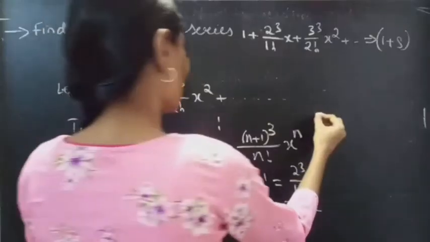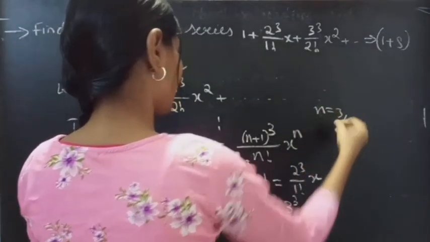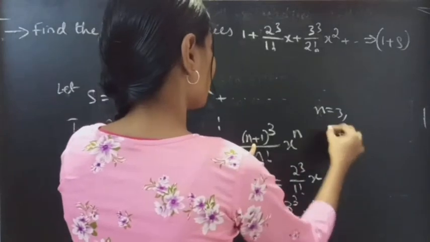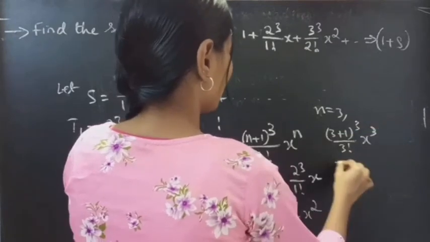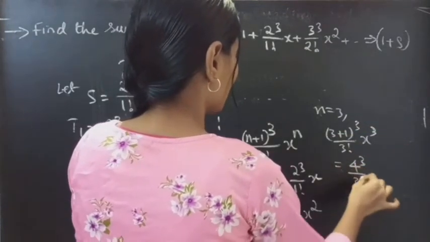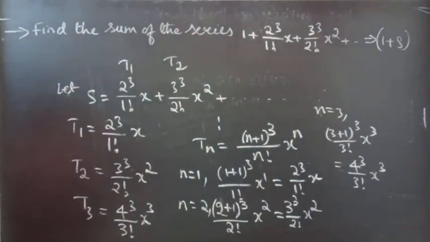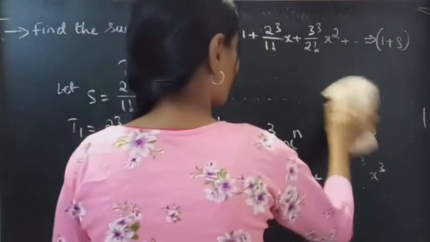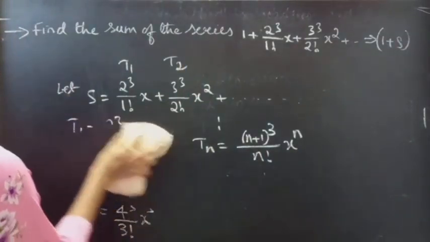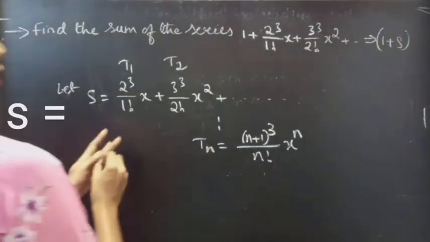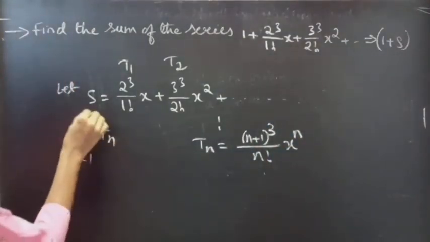Next, if you put n equals to 3, you need to get third term. For n equals to 3, 3 plus 1 whole cube by 3 factorial into x cube equals 4 cube by 3 factorial into x cube. The third term. Right? Fine. So we have nth term. Then we can write this S as summation Tn for n equals to 1 to infinity, right?